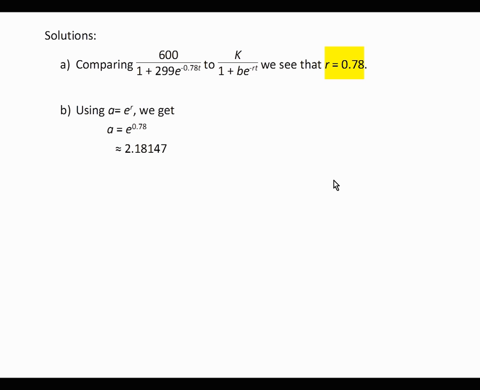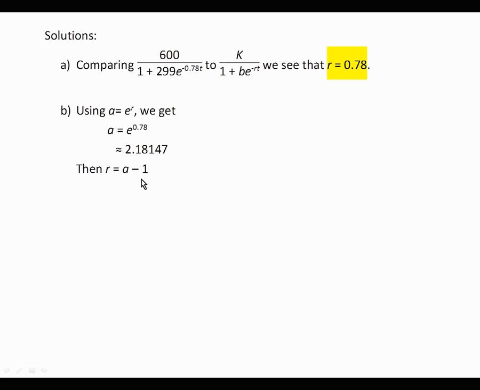And to get it to the nearest percent, we're going to use r is equal to A minus 1. We had this from chapter 4. So r is going to be 2.18147 minus 1, which is going to be 1.18147. Now remember, that's the decimal number. To make a percent, just multiply by 100.